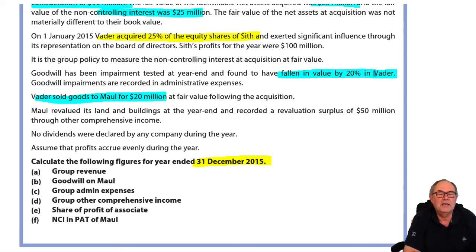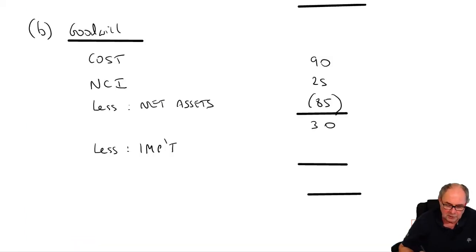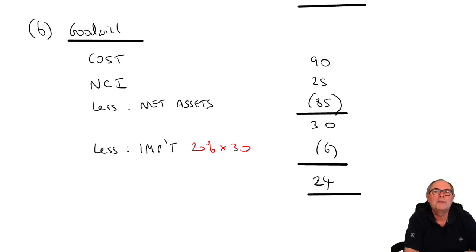A bit like if you hit your mobile phone with a hammer. But I probably wouldn't do that. Would not be a good plan. So the impairment is 20% of 30. 2 3s are 6. So goodwill is therefore 24. My age. That's just my little joke. There we are. There's goodwill.